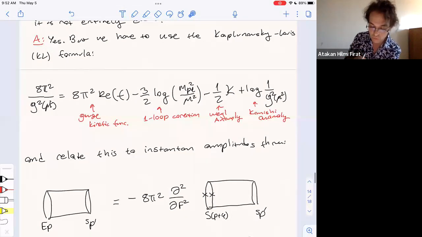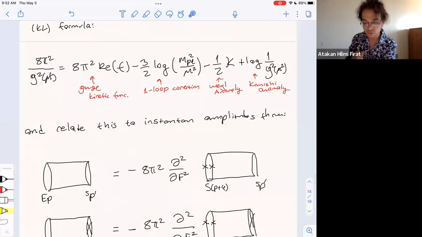The second is that we need to relate the amplitude, because this formula is for the gauge coupling, to the instanton in some capacity. The way we do it is that we consider the D-instanton as a Yang-Mills instanton, where we replace the D-instanton with a space-filling brane.